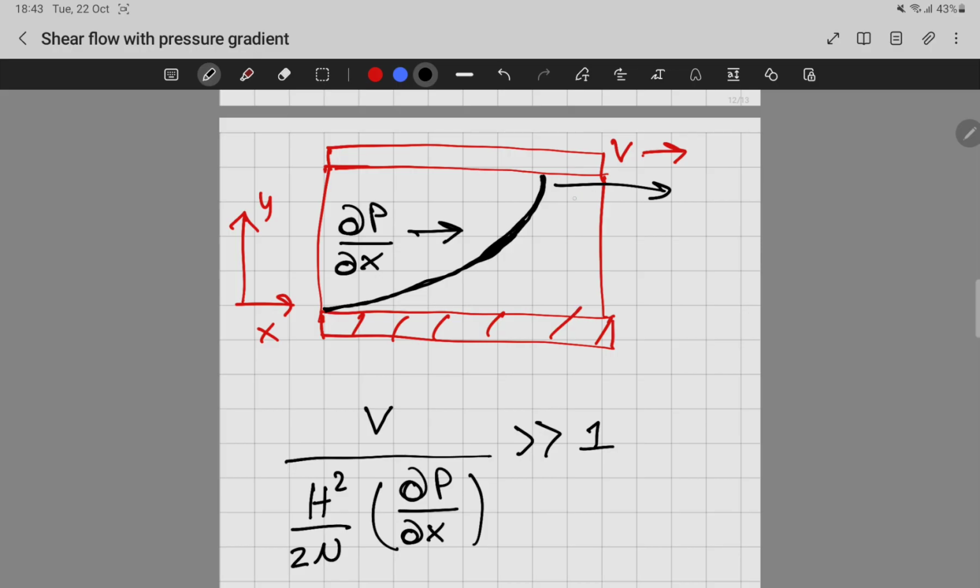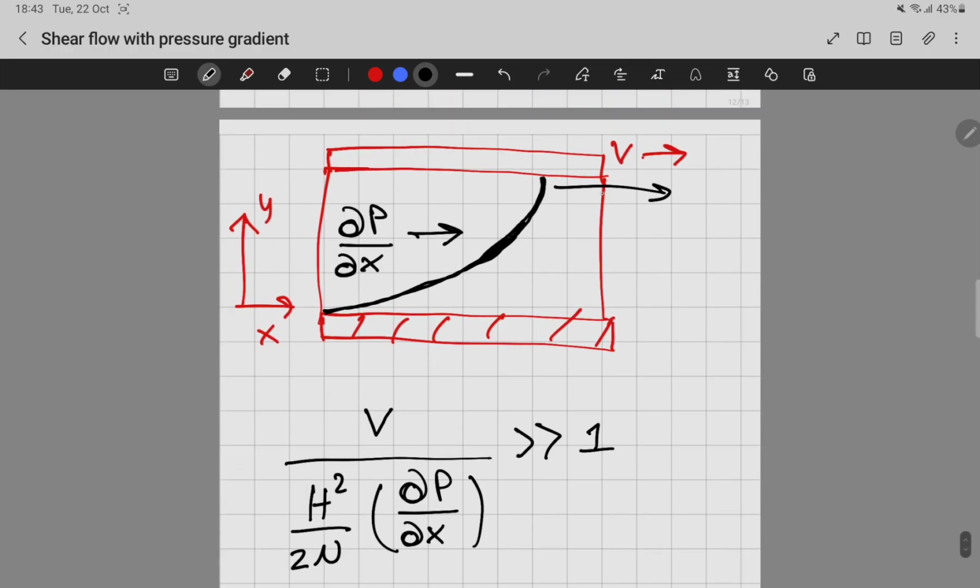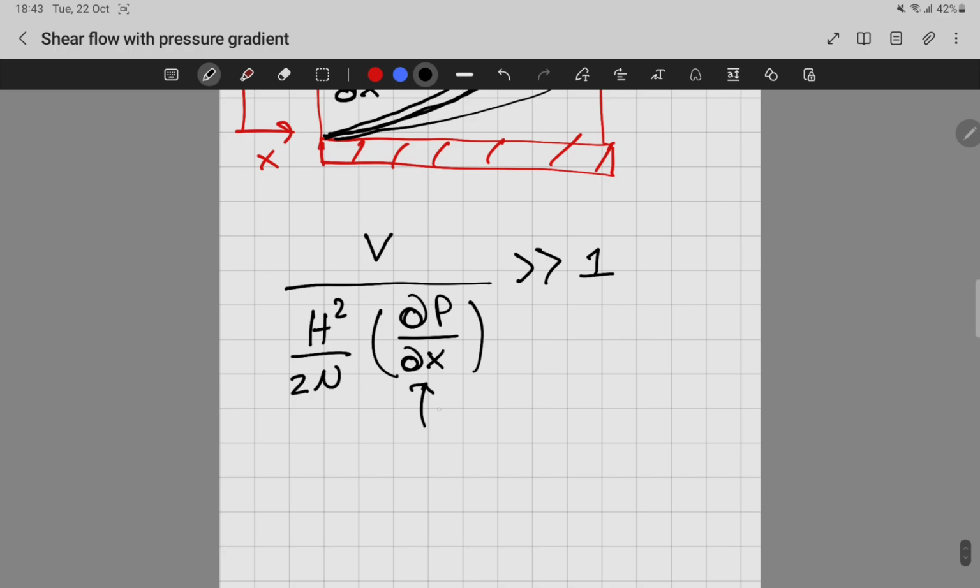You can vary these characteristic velocities and you will get some variation in the velocity profile. It could look something like this, or something like this. It will depend on the values you impose on the pressure gradient, but also on the velocity of the top plate. It will also depend on the channel size and on the viscosity of the fluid.